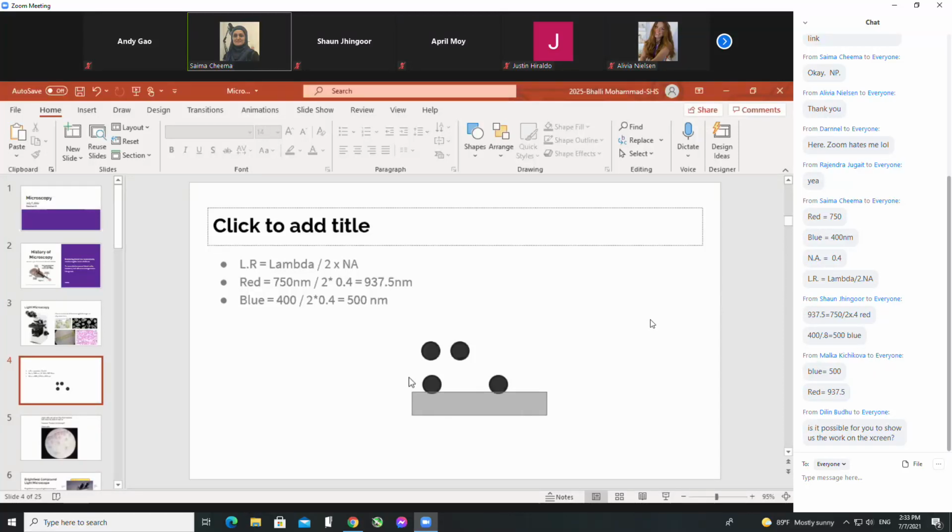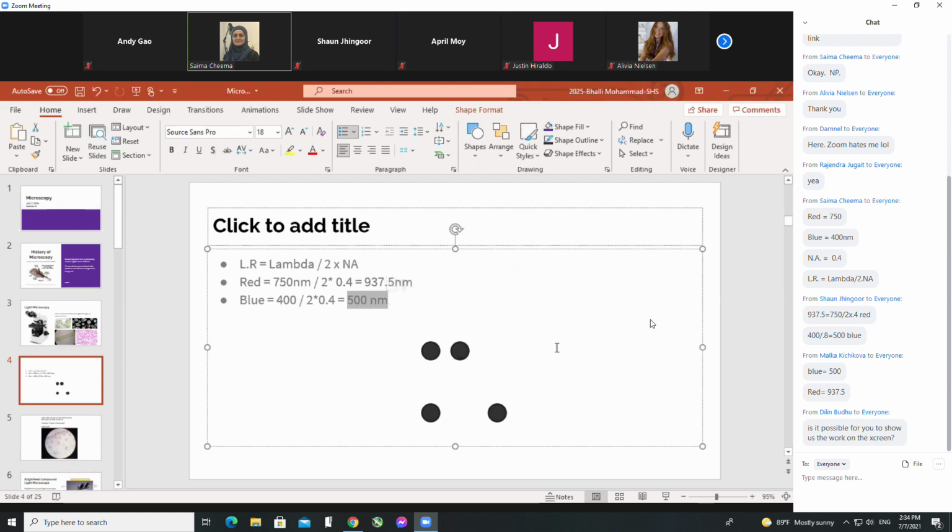So you can use the same lens, right? But you can use two different wavelengths of light to illuminate your specimen, and you can see detail better. Okay, so the smaller the wavelength, the better the detail. The smaller the number you're getting, the smaller the power of resolution, the smaller the distance between them, and the better you can see them.